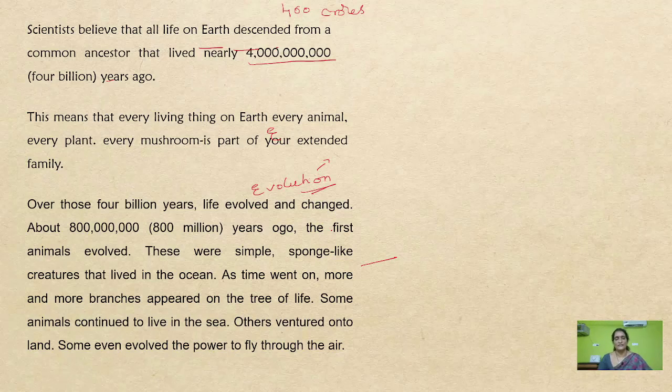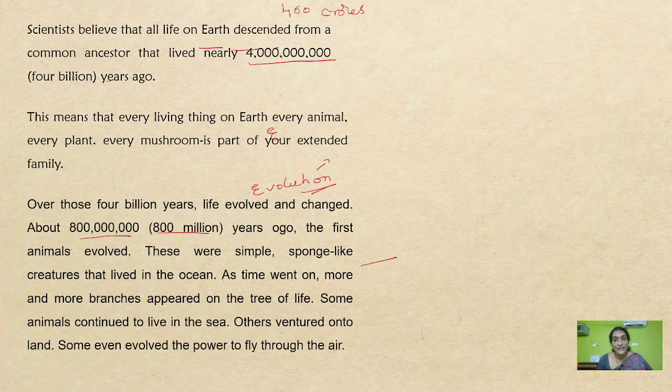Okay, children? So, when do the first animals evolve? Around 80 crores years ago. See, this is 800 million. That means 80 crores years ago. The first animals evolved from the unicellular organisms. Okay, children? Now you understood. This is called evolution.